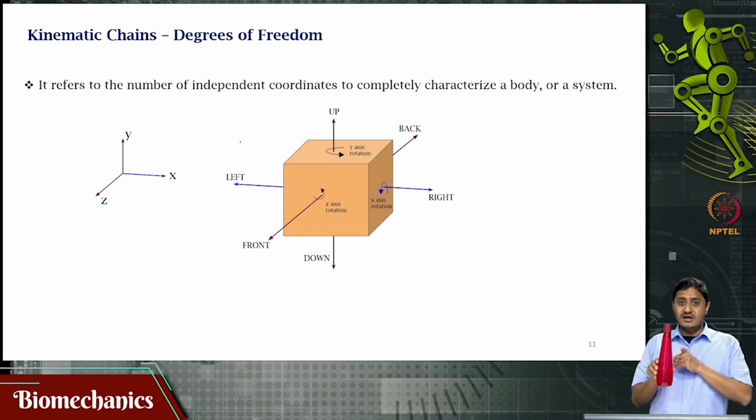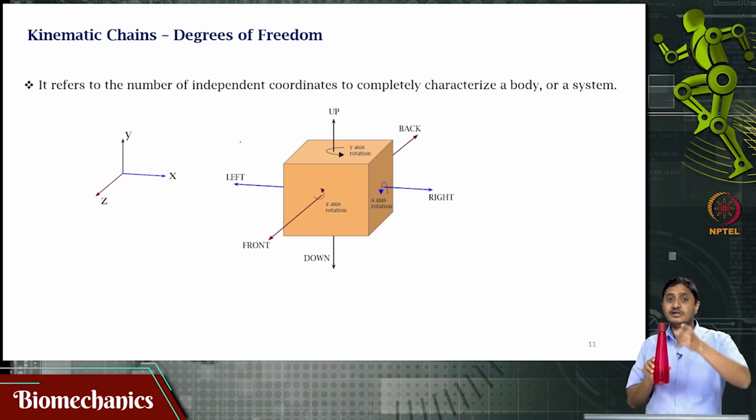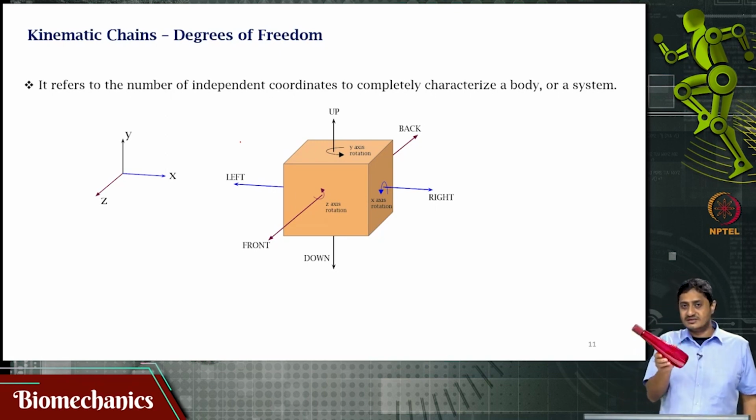And then about each of these axes, it can rotate. For example, about the antero-posterior axis, or the axis between you and me, between the screen and you, it can rotate like this.